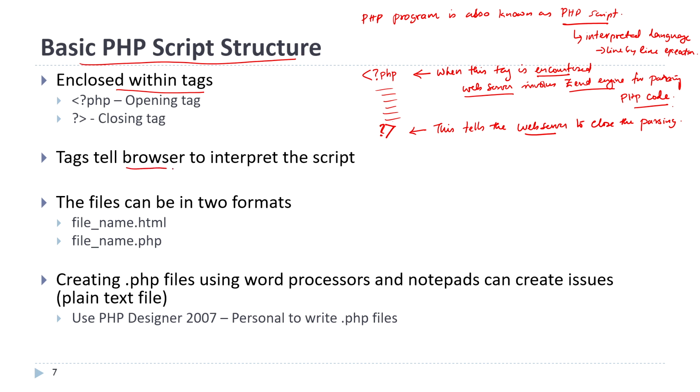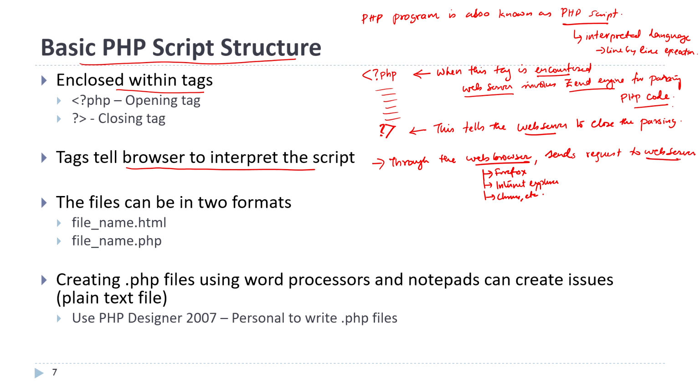The intermediary is the web browser. Which are the web browsers? Firefox, Internet Explorer, Chrome, etc. They are the web browsers. Through the web browser, this web browser sends a request to the web server.